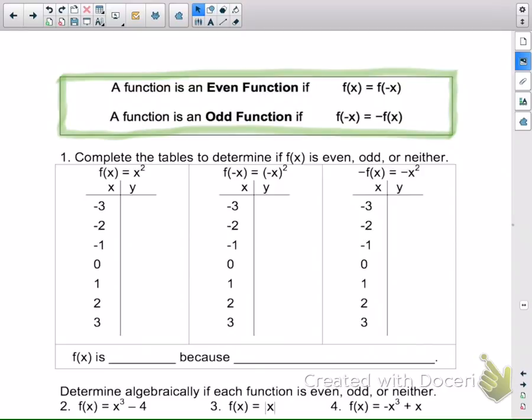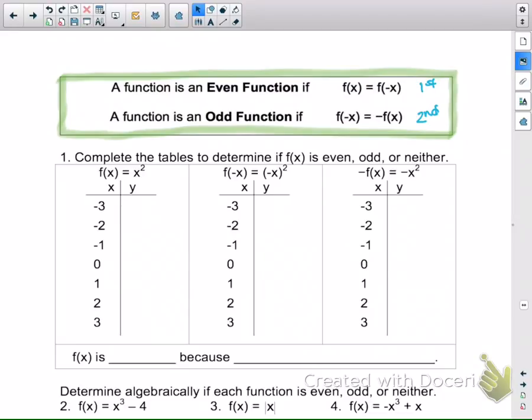It's an odd function if f of negative x is equal to negative f of x. We've done that stuff in the last couple days, but you're going to have to plug in things to see. I always check if it's an even function first, and then check if it's an odd function second. If neither of those tests work, then it's neither even nor odd. Okay?